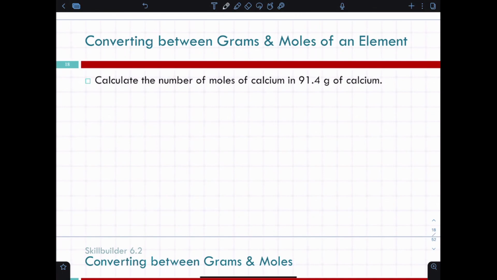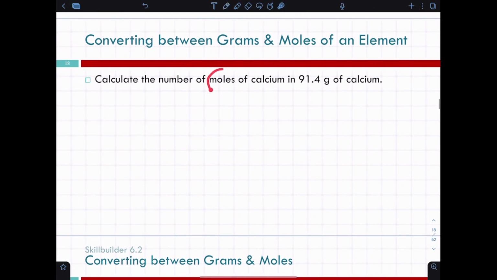All right, so let's do a calculation now of grams to moles, the first of many. If we want to calculate the number of moles of calcium in 91.4 grams of calcium, we're going to start out again with what we're given.